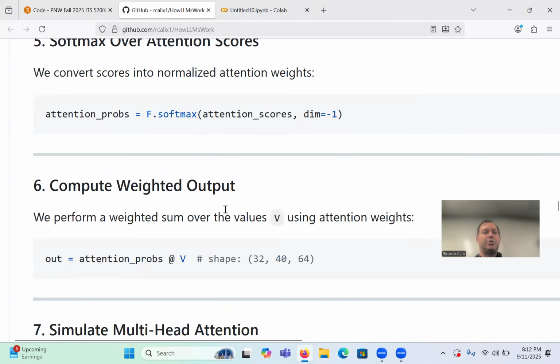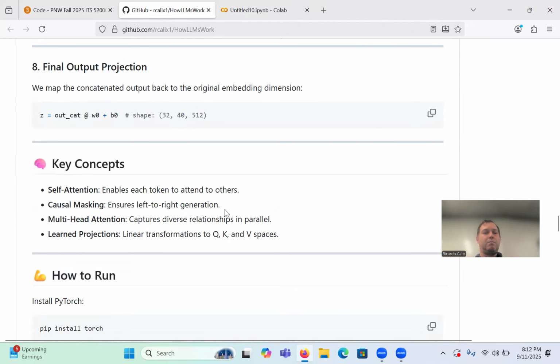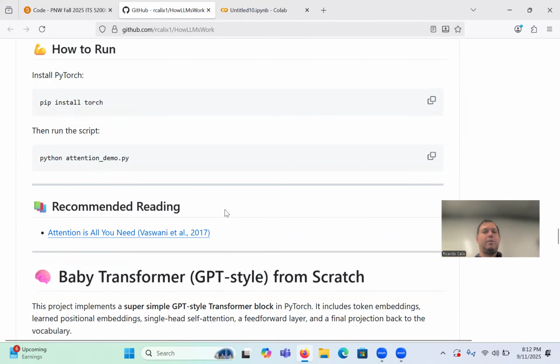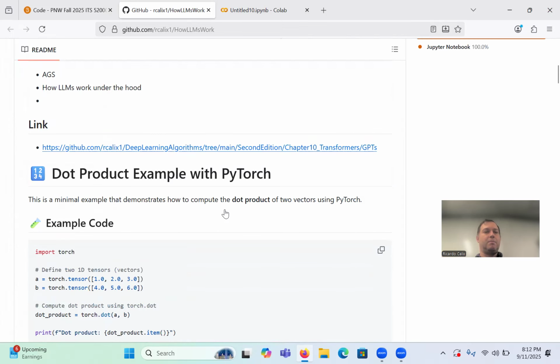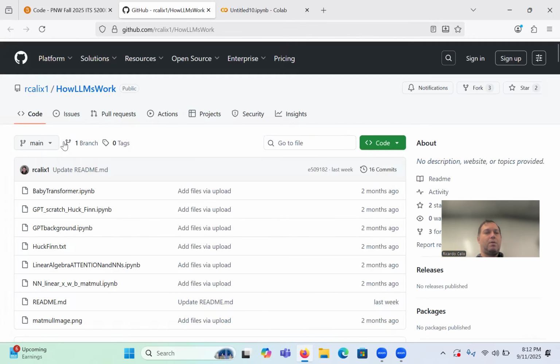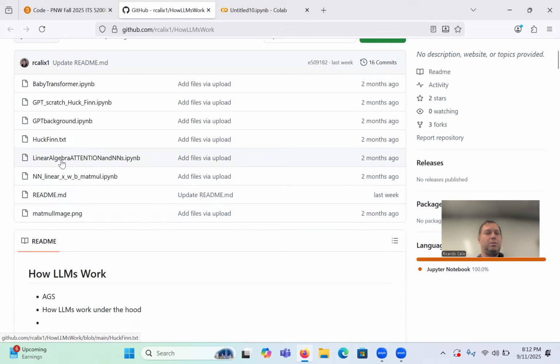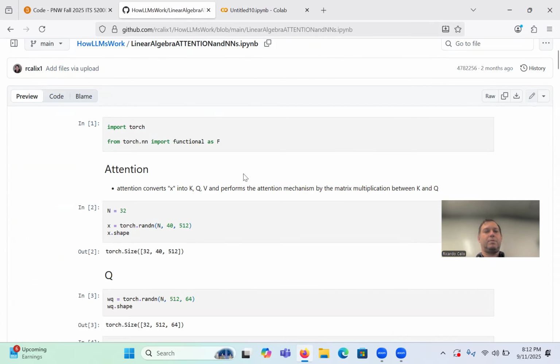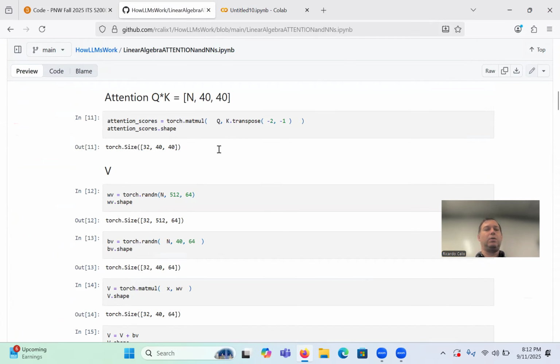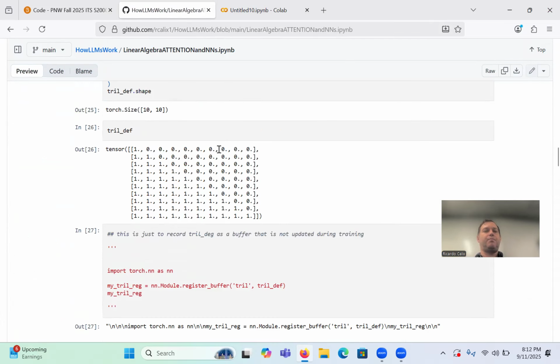Okay, so now let's try this out. This should be this Jupyter notebook I have here, the one called attention, linear algebra attention. We're going to go through it. Okay, so this is the whole sample.